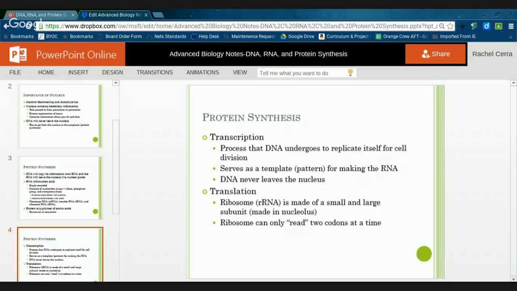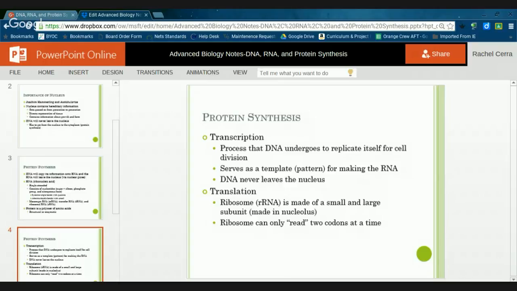Now what I've drawn you here is, remember, the ribosomal RNA is constructed here, but it's split into a large subunit and a small subunit, because if we put them together in the nucleus, it's going to be too big, and we won't actually be able to fit out of the nuclear pores. So that's why they're not connected there.